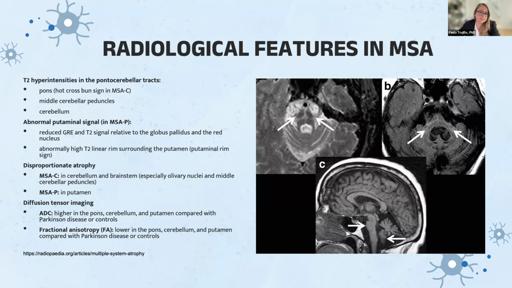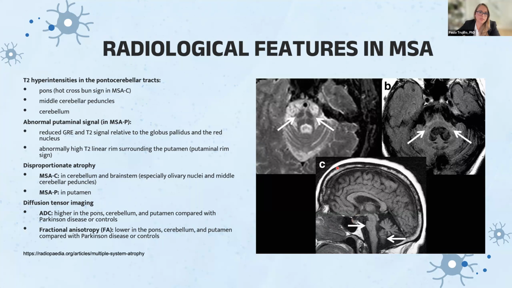There are signal changes in the putamen, which are often described as hypointensity, or again, darkening of this region. And there are other modalities like diffusion-weighted imaging that can also be used to assess the movement of water molecules in tissues, which can provide information about certain changes happening in MSA.